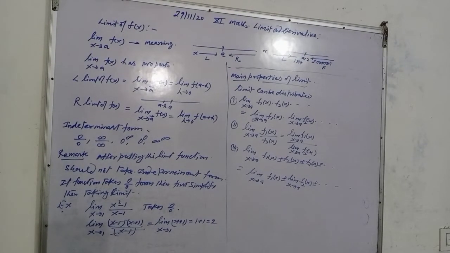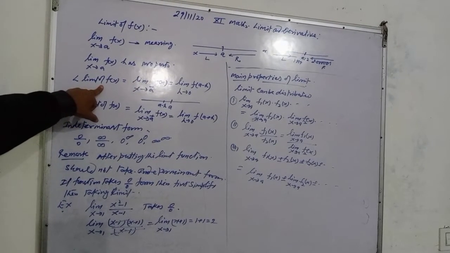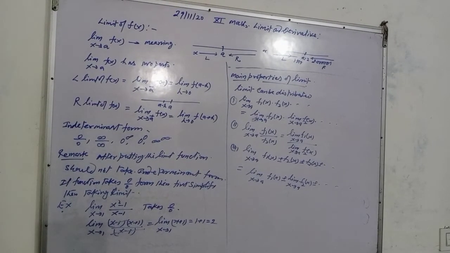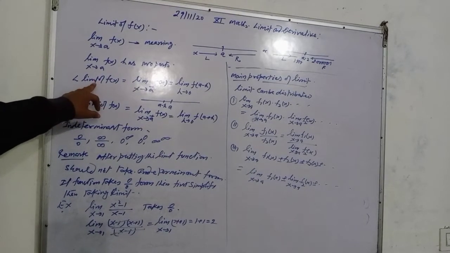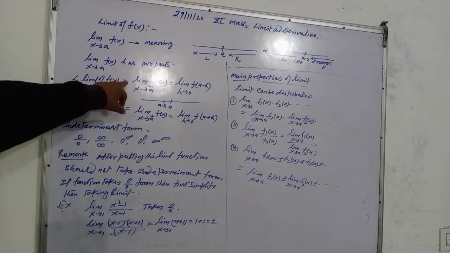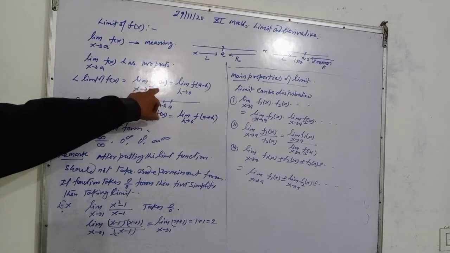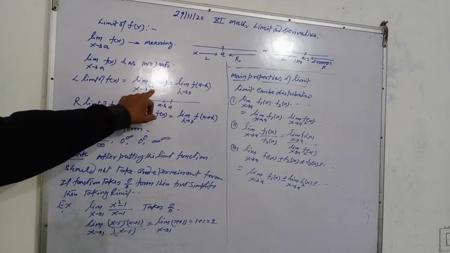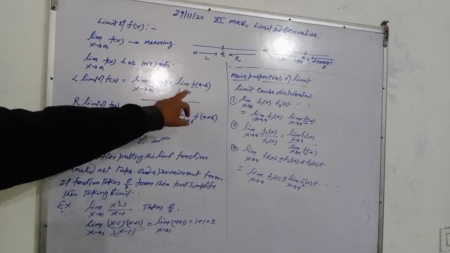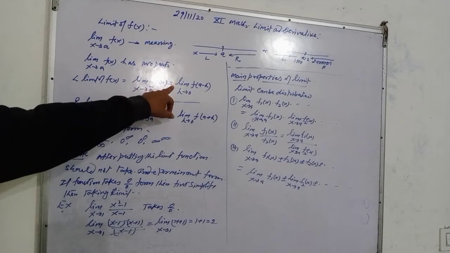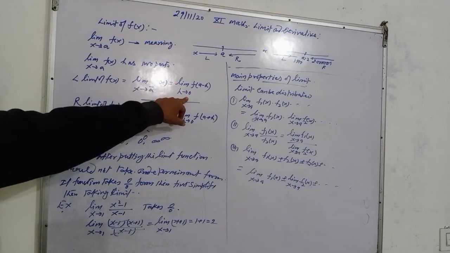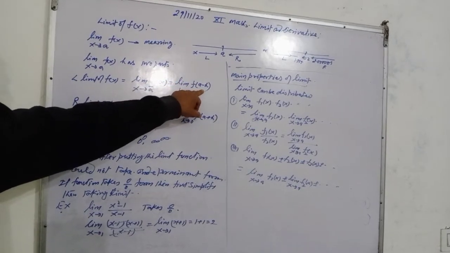This limit has two parts, left limit of f(x) and right limit of f(x). Left limit of f(x) is written as limit x tends to a minus, where the minus sign means left limit, and it is also written as limit h tends to 0 of f(a minus h).